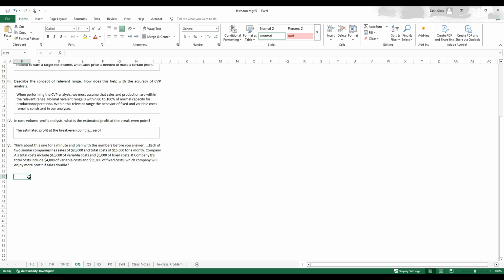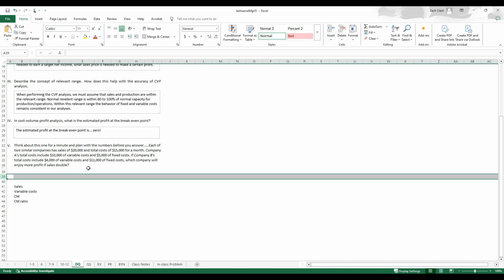So let's put sales, variable costs, contribution margin ratio. Let's see here. Let me add a couple spaces.